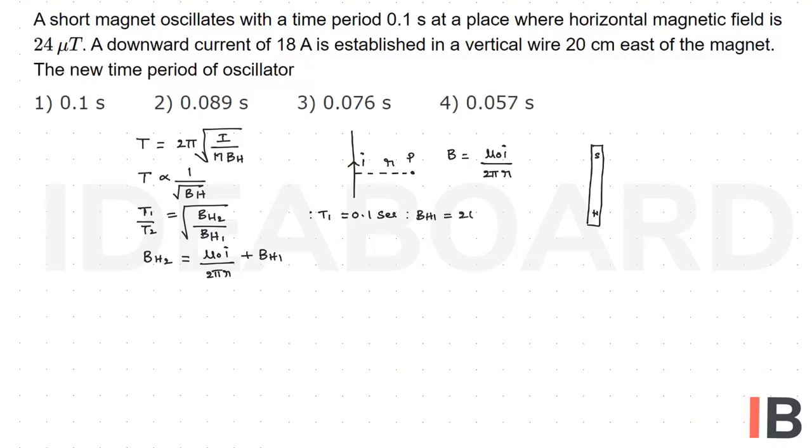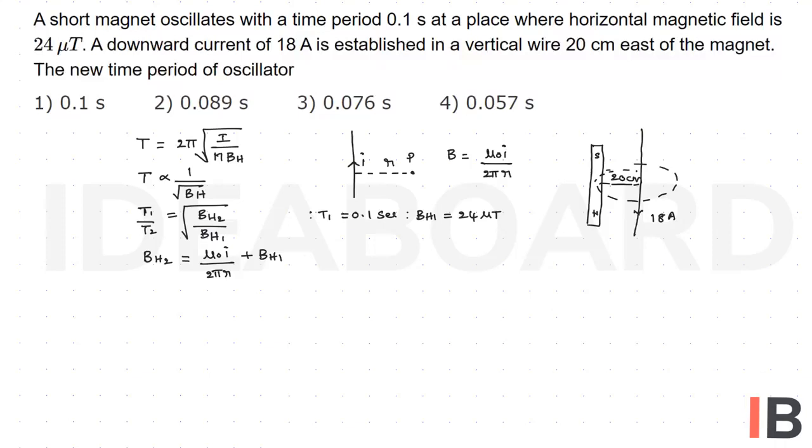BH1 is equal to 24 microtesla. A downward current of 18 ampere is established in a vertical wire 20 centimeter east of the magnet. That means it is oscillating around this vertical wire which is carrying a current of 18 ampere, at a distance of 20 centimeter.